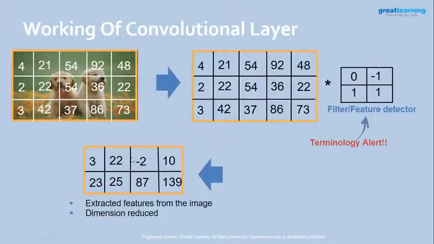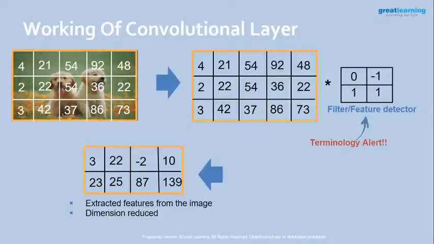In the case of minus 2, we can say there is no feature, so there is no point of using this and we can convert it to 0. This is how we use the ReLU layer, and whatever our pixel value is, we can say some feature is there in our image. I got a question from Ashwani Kumar.